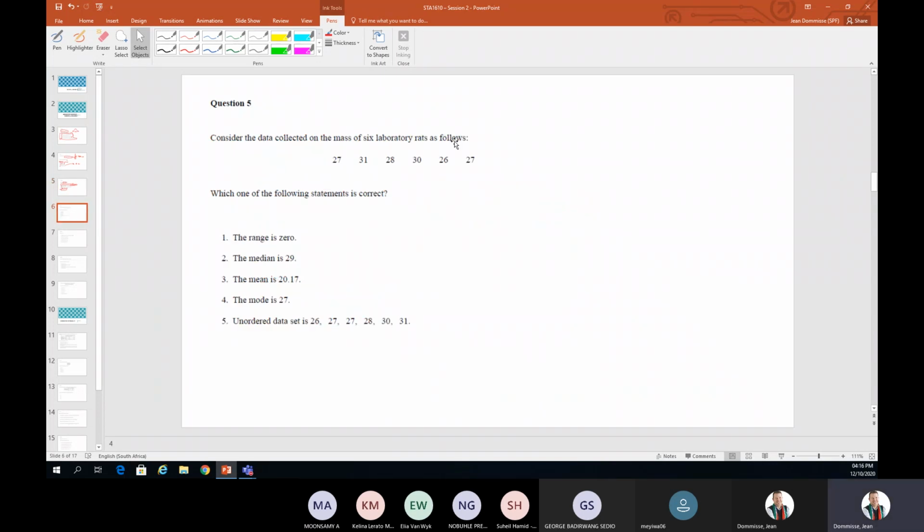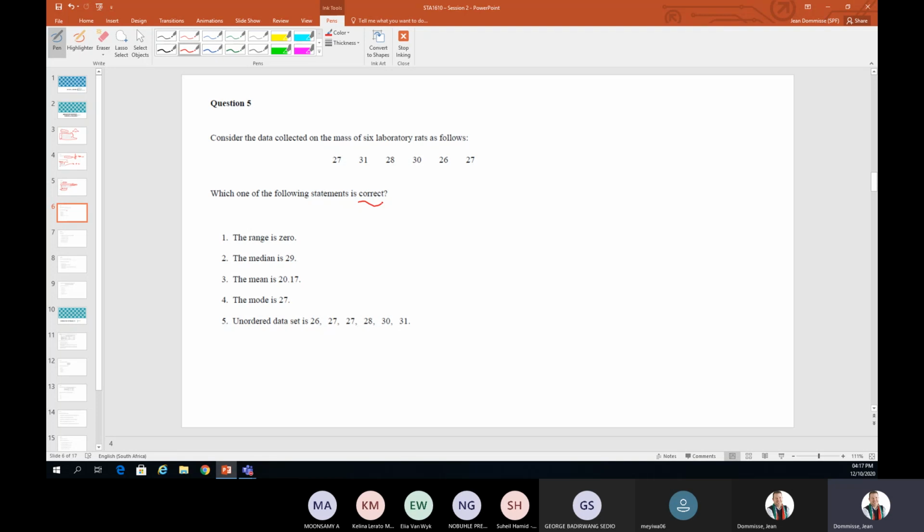Okay, so let's look again at another one that gives us information. Very interesting here, we need to get the correct one. For the range, we always say the maximum minus the minimum.